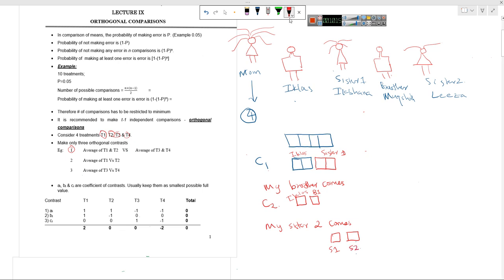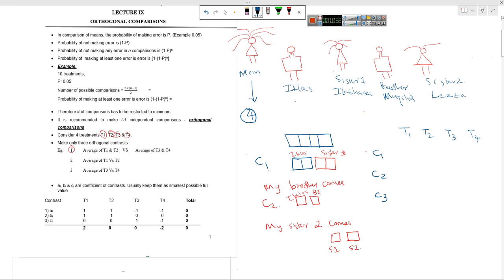Now we will try to write down the comparison. So how can I write this comparison? Treatment 1, treatment 2, treatment 3, treatment 4, and contrast 1, contrast 2, contrast 3.